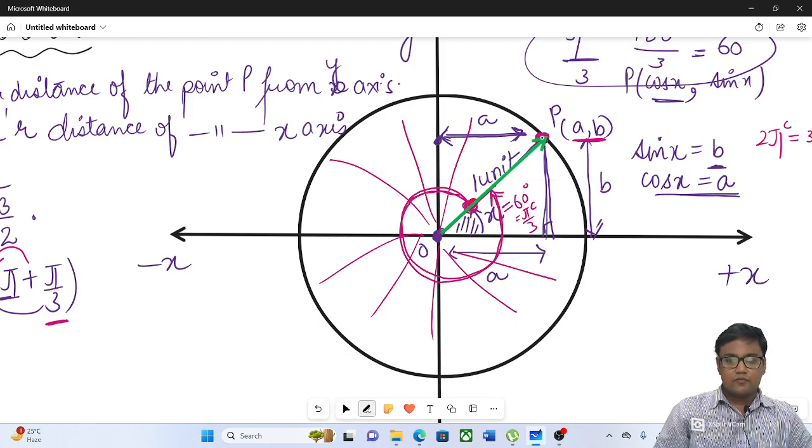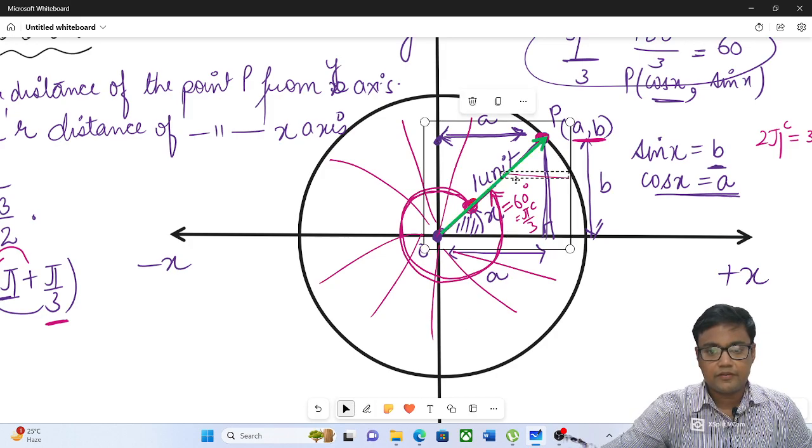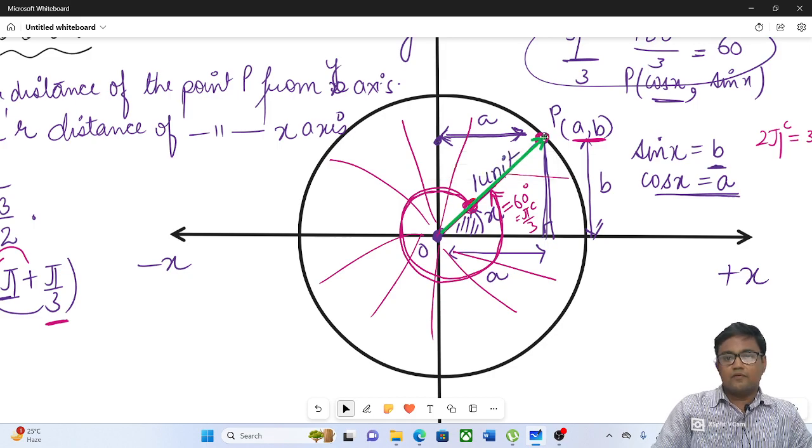Now see children, what happens here is, if I rotate this ray from OP, where it was here, and I take a 2 pi radians rotation or a 360-degree complete circle, in one complete rotation, then you can see this ray returns back to its initial position at P.